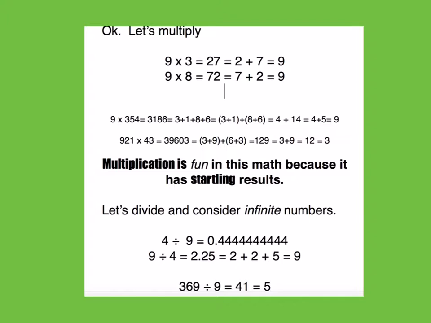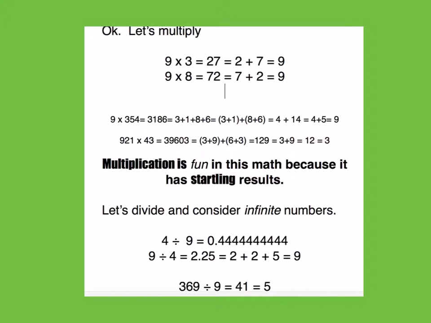When we multiply, multiplying is incredibly informative and fun, and we get all kinds of information from it. One of the things that we really get used to looking at in this system is mirror imaging of our numbers. Look at 9 times 3 equals 27, and that equals 2 plus 7 equals 9. Well, 9 times 8 equals 72.